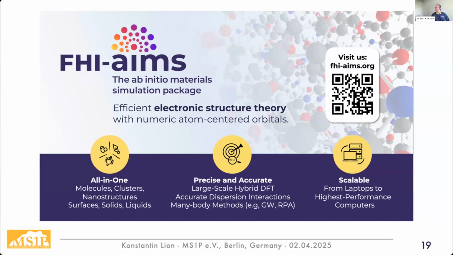There is a question by Ahmed Mahmoudov: how well does the code scale on multiple GPUs for calculations involving hybrid functionals? That's a good question. It was mostly focused on GGA functionals at the time. This is currently active work, so the GPU implementation is being worked on. It is one of the topics that we want to address for the future, so we hope that these scaling improvements can also be there for the hybrid functionals.